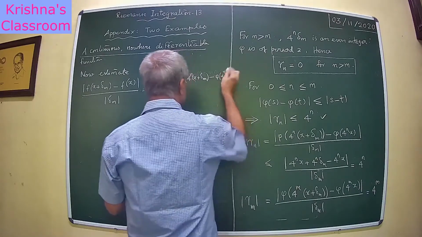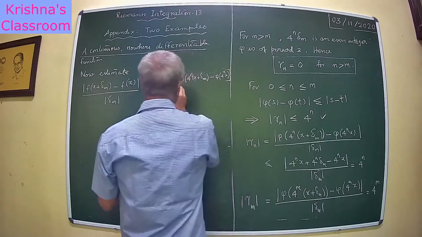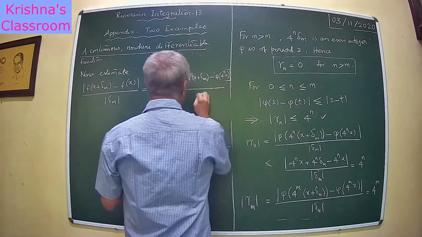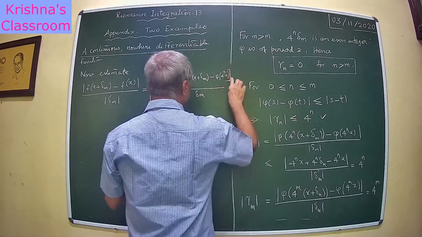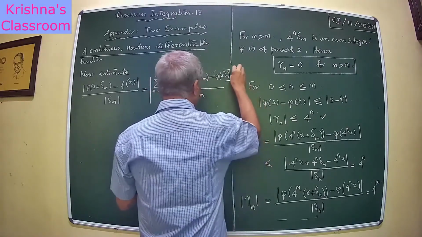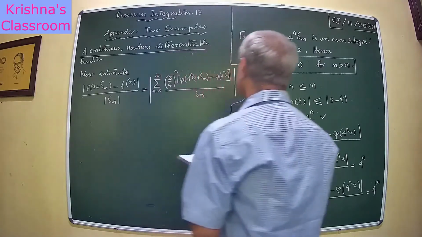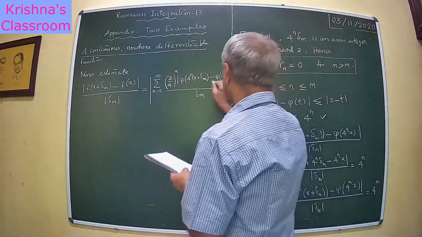You can see these are the terms of the series that is coming, and divide by delta m. This is the one to be seen.